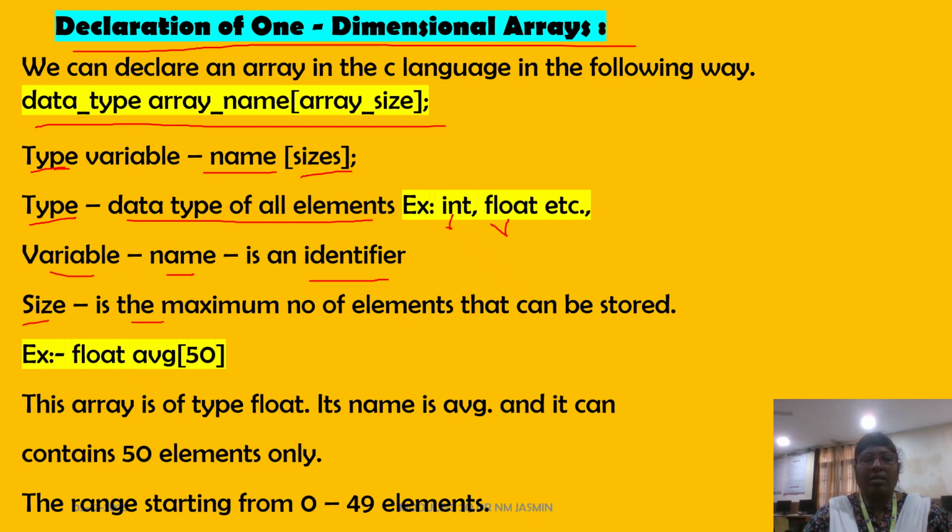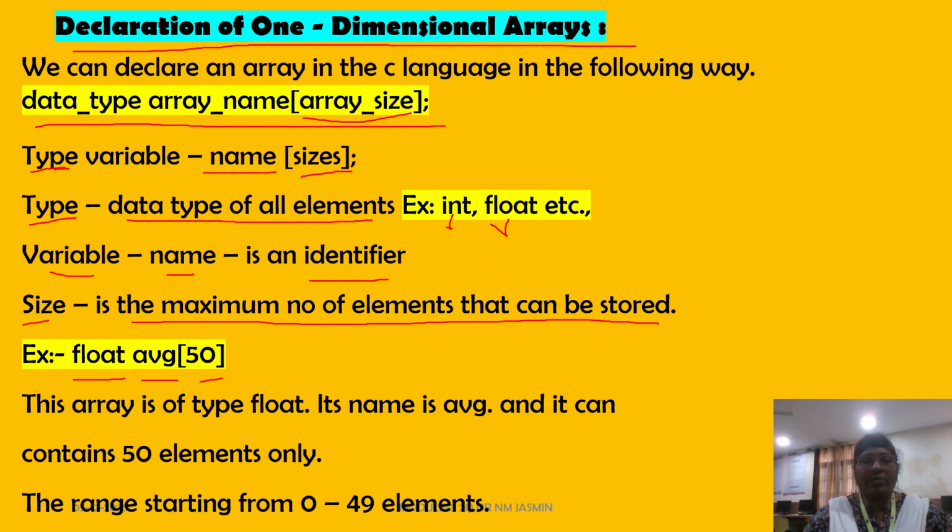Size is nothing but the maximum number of elements that can be stored. So the maximum number of elements that can be stored is the array size. If you take an example here, the data type is float, the array name is average, and the array size is 50.